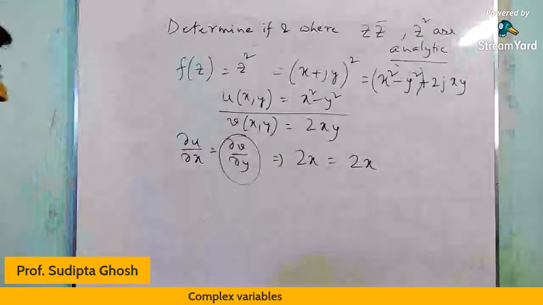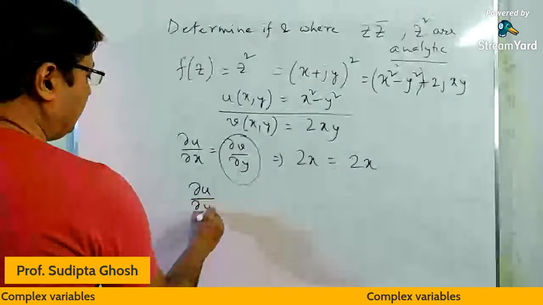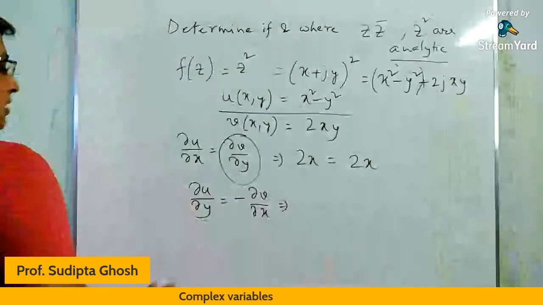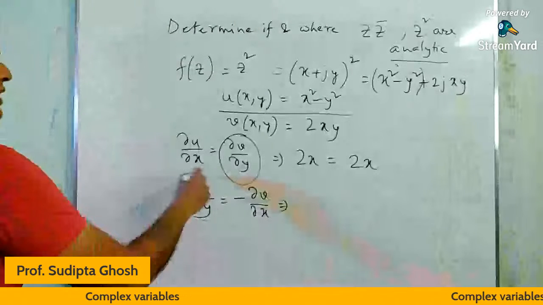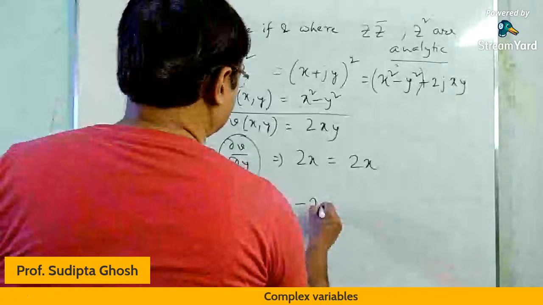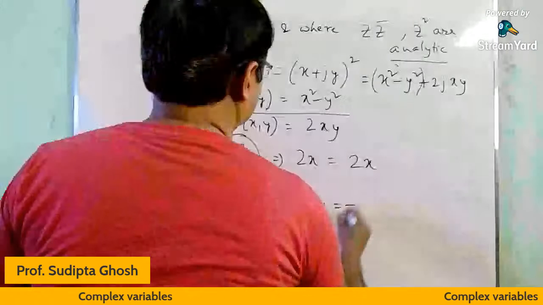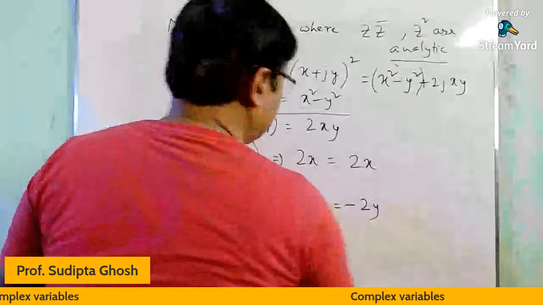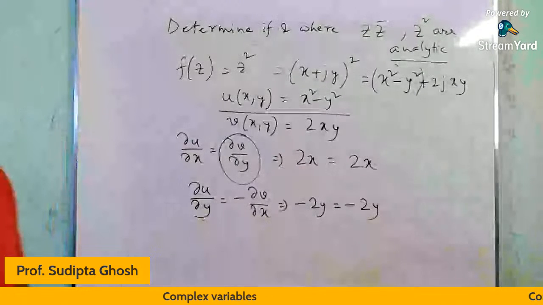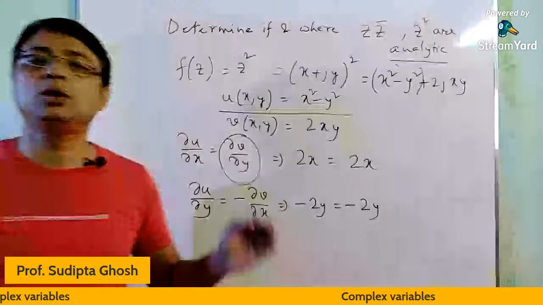Now the second Cauchy Riemann equation, del u del y equals minus of del v del x: del u del y gives me minus twice y, and del v del x is equal to twice y, so minus del v del x is minus twice y. So these equations are satisfied at all points in the xy plane.